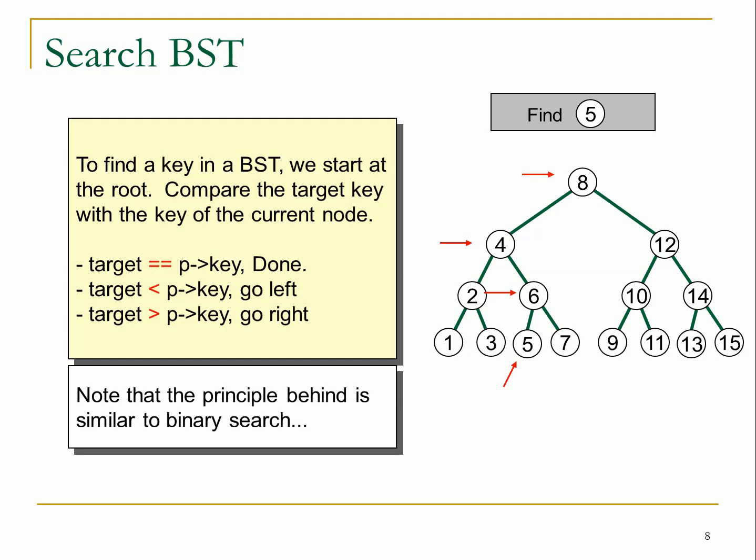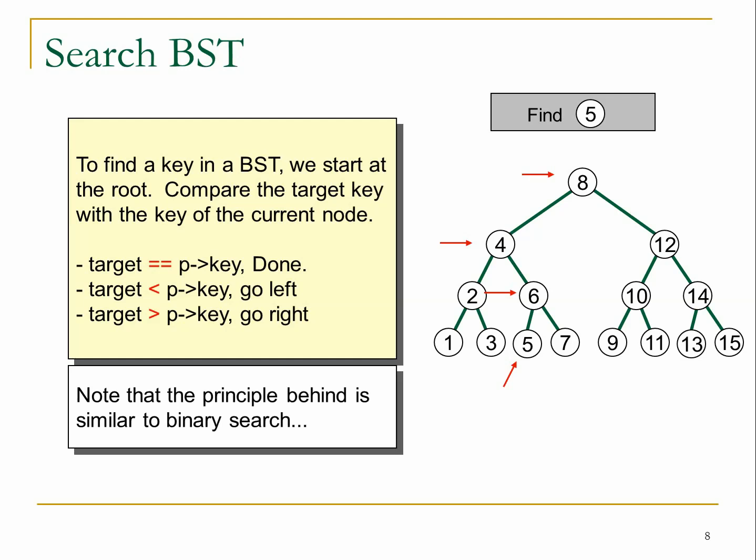Therefore, to find a value inside a binary search tree, we start by comparing the value we want to find with the root, understanding that we will travel to the left side or the right side, and we keep moving until we find the node, or the item is not there.